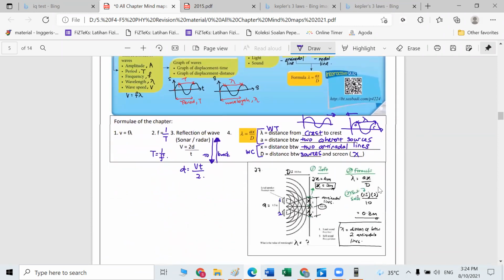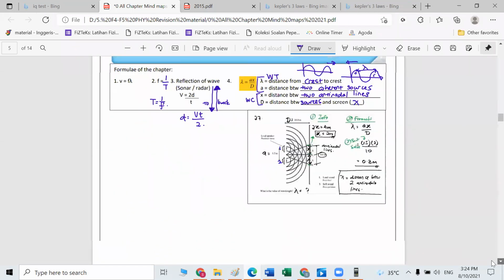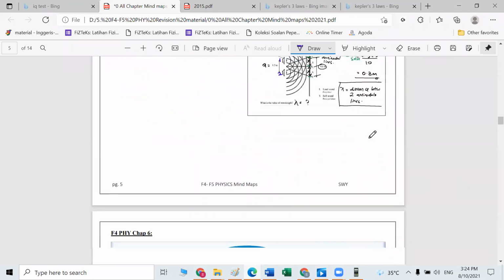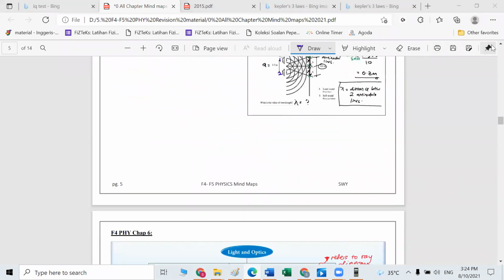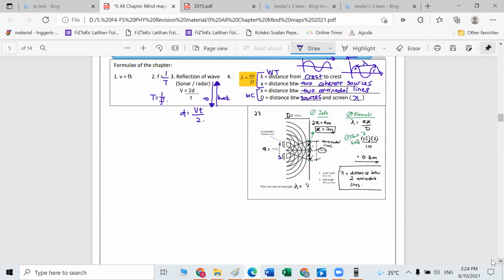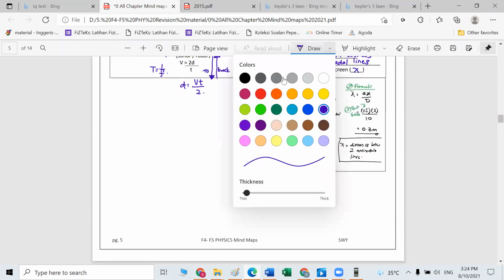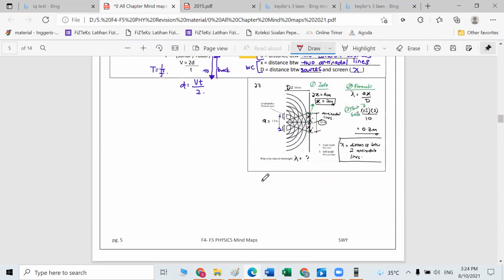All right, so here you can, let's say, this is the interference pattern of red light. Not red light, green light.